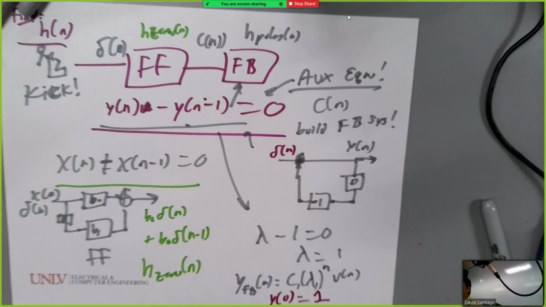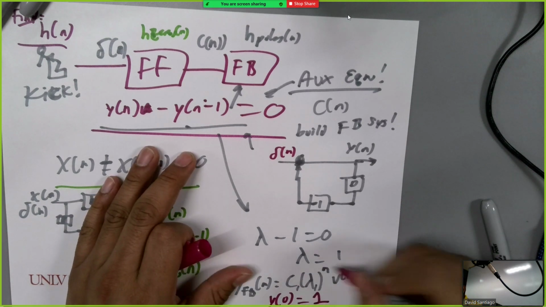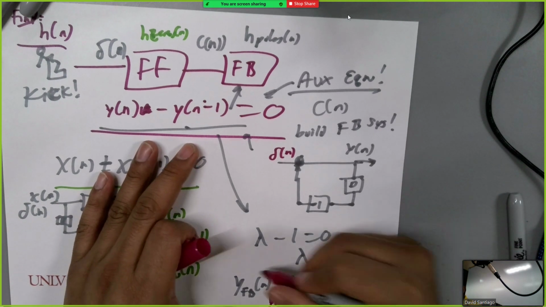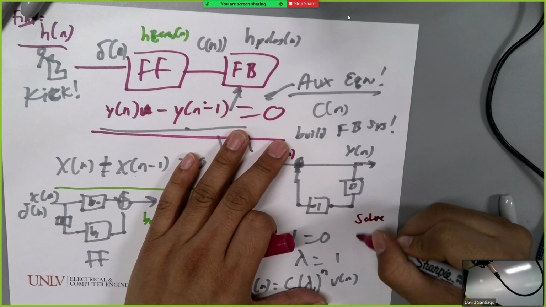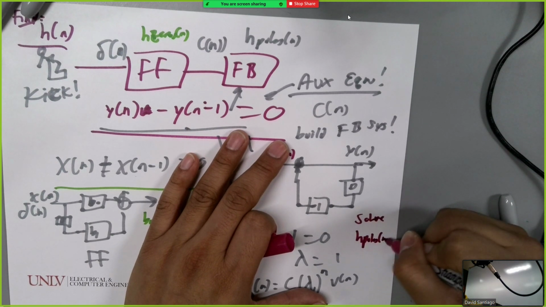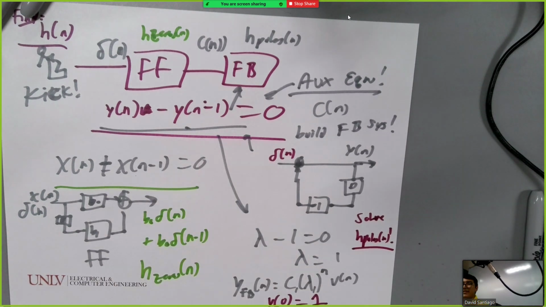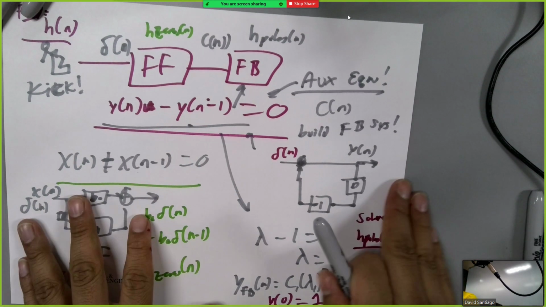That's what we kicked. We kicked the box at that time. Remember that? Easy, right? And then from that you can solve for h of poles. Okay, easy, right? This is a lot of material, right?